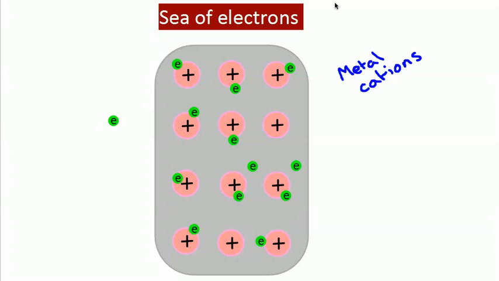Now we have this picture here. We've got our metal cations, and they're just these kind of pinky red balls there. And then we've got our electrons, and the electrons here are classified as delocalized.